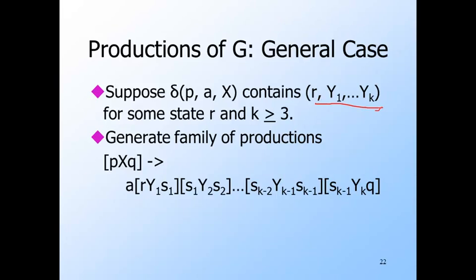The productions all have this form. [pXq] can be replaced by an a, which again may be epsilon, followed by variables [rY1s1], [s1Y2s2], and so on, with the last of the variables being [s(k-1)Ykq], and finally the state q from the head that we want to wind up in.